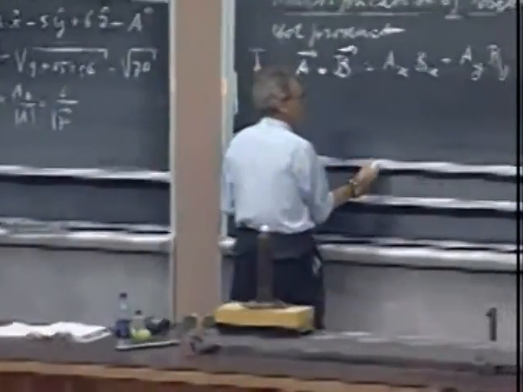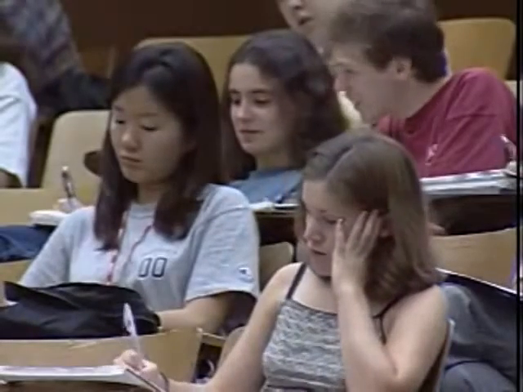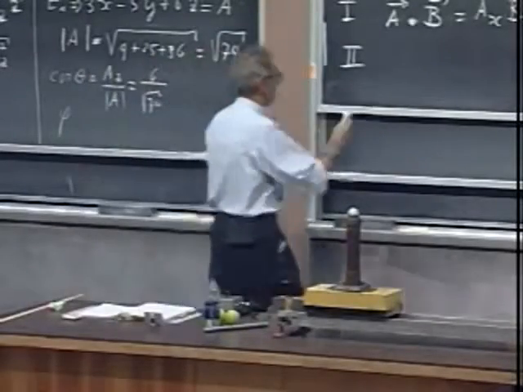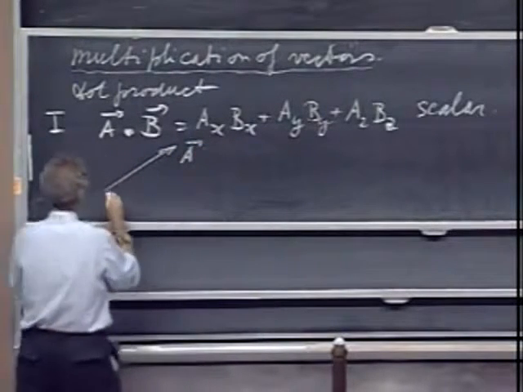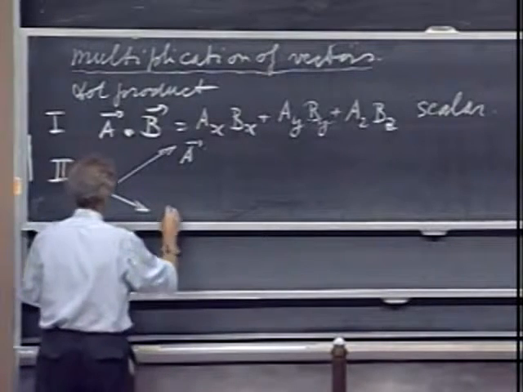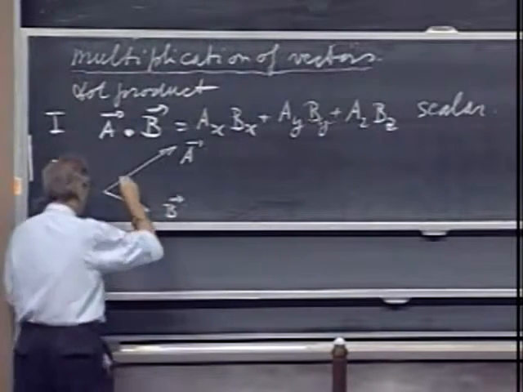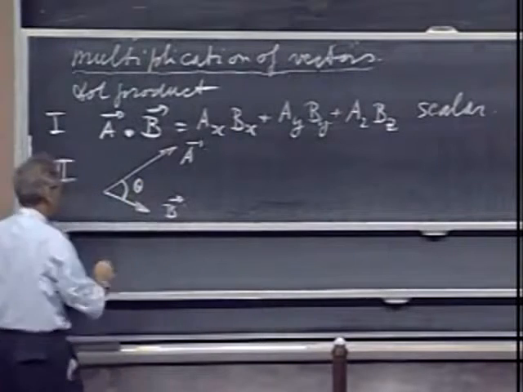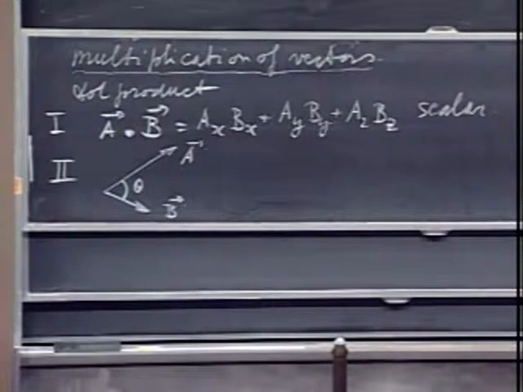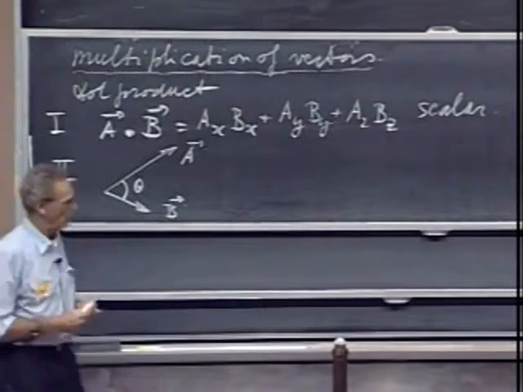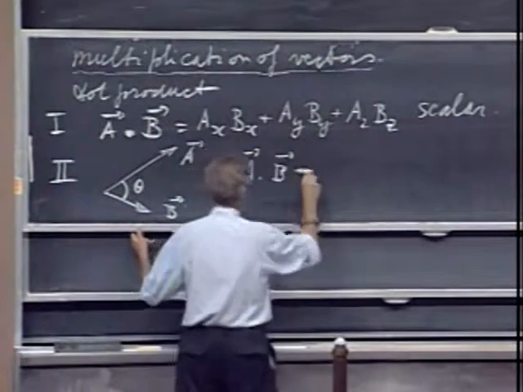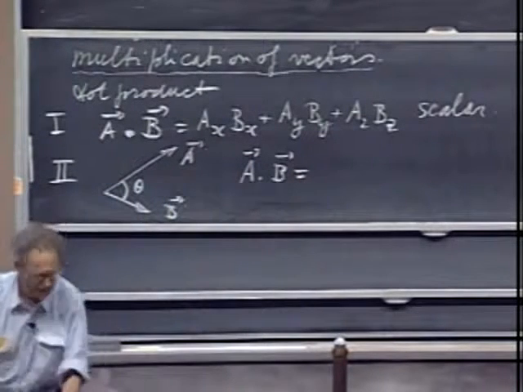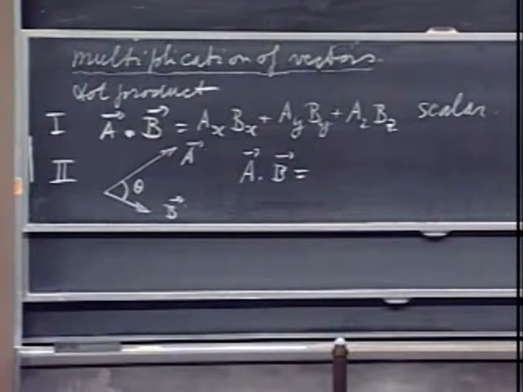There is another way to find the dot product, depending upon how the problem is presented to you. If someone gives you the vector A, and you have the vector B, and you happen to know this angle between them, this angle theta, which has nothing to do with that angle theta, it's the angle between the two, then the dot product is also the following, and you may make an attempt to prove that.